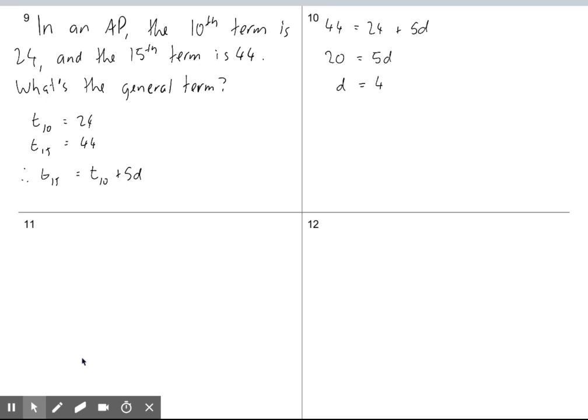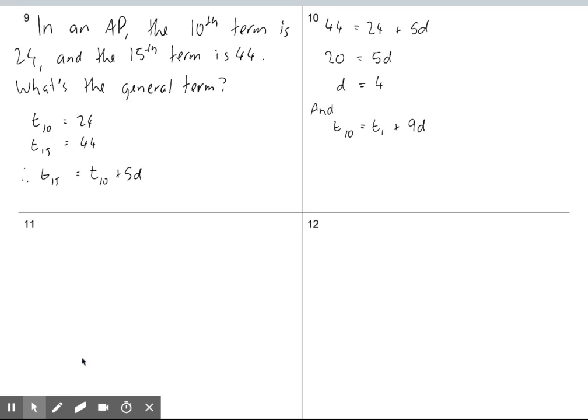The rest of it is like we've been solving before. Now that we've got a common difference, we can work out the first term. T10 is equal to T1 plus 9D.